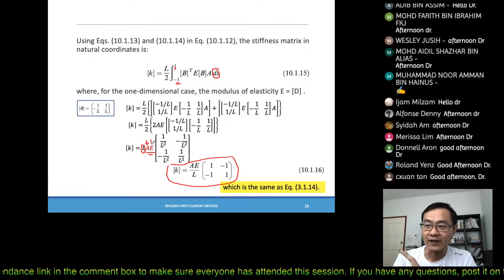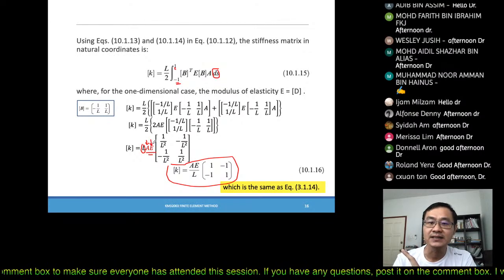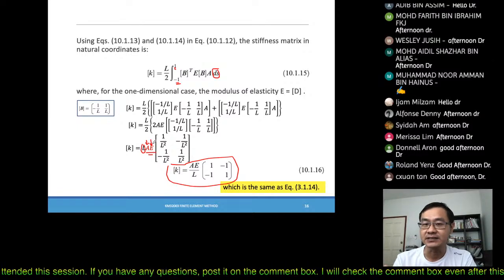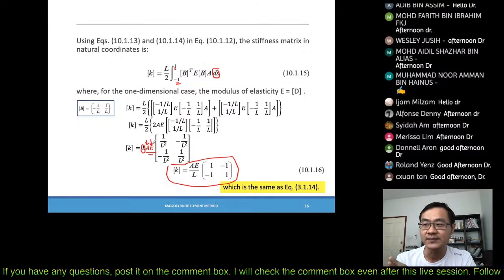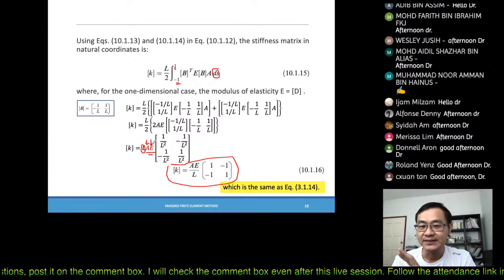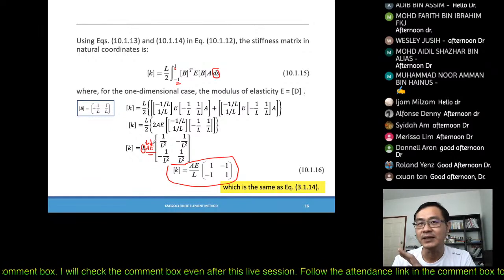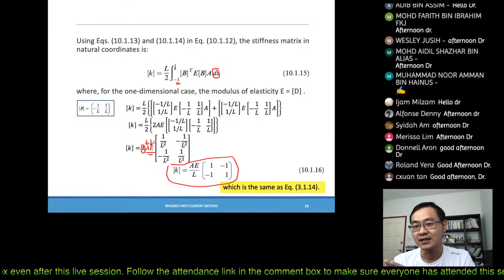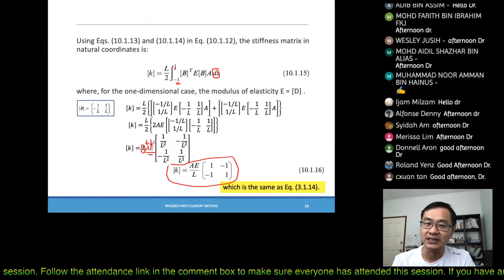Also we have to insert the Young's modulus for the material itself. So these two parameters must be properly referenced, or properly checked, when we put them in our software.